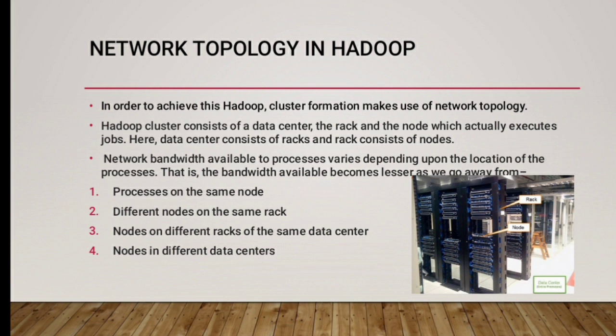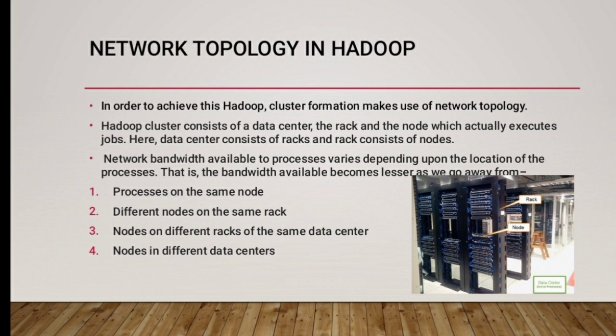The topology or arrangement of the network affects the performance of the Hadoop cluster when the size of the cluster grows. In addition to the performance, one also needs to care about high availability and handling of failures. In order to achieve this, Hadoop cluster formation makes use of network topology.